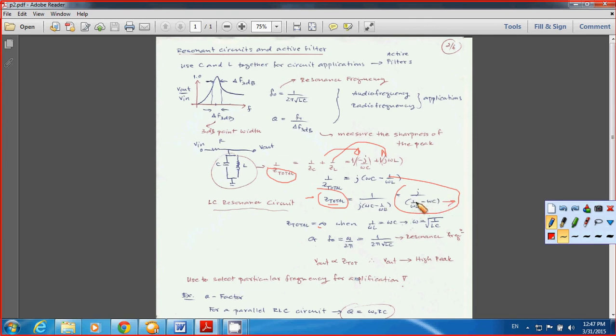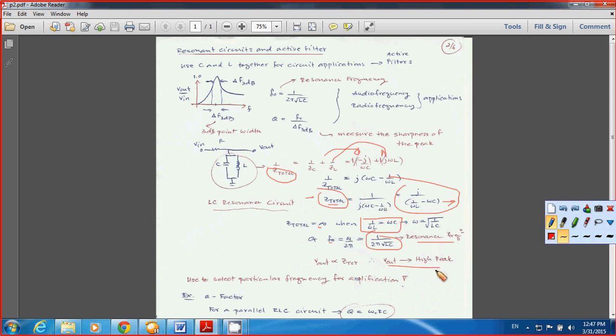That means 1 over omega L minus omega C are equal, or your omega equals the square root of 1 over LC, or F0 equals omega over 2 pi, and your omega is the square root of 1 over LC. And finally you have F0 become this term, 1 over 2 pi square root LC, and this is what we call the resonant frequency here.